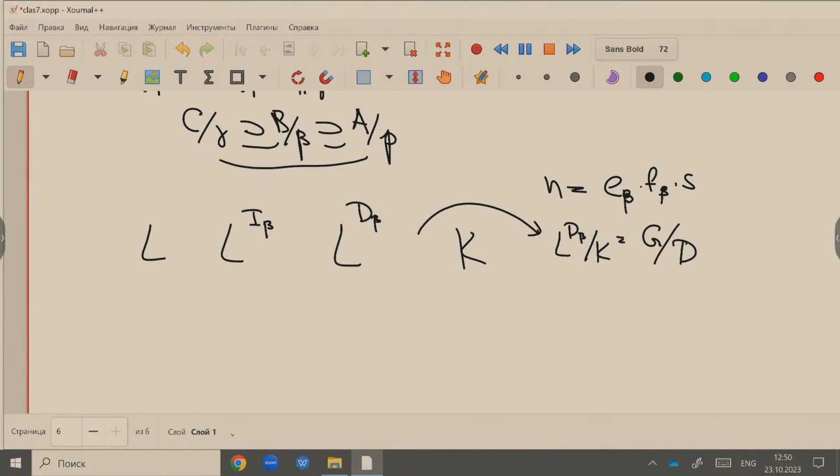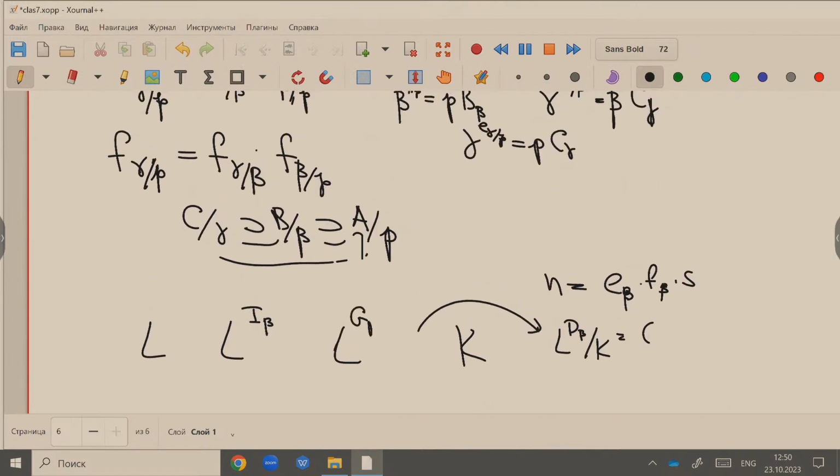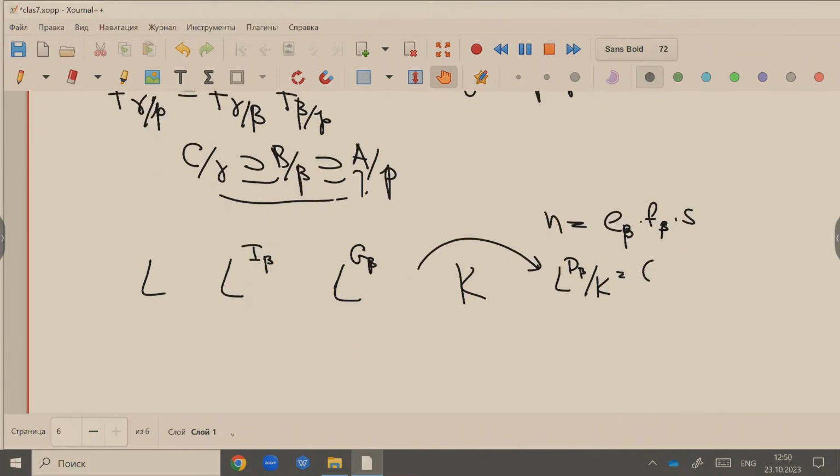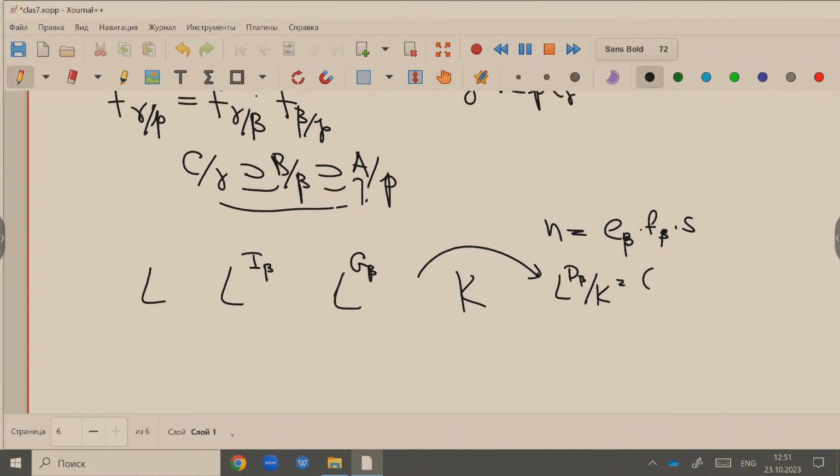So here I have to denote it by D, so here we have, this is just the order of the Galois group modulo G beta.